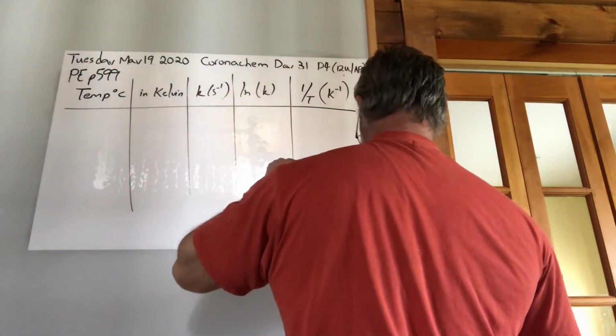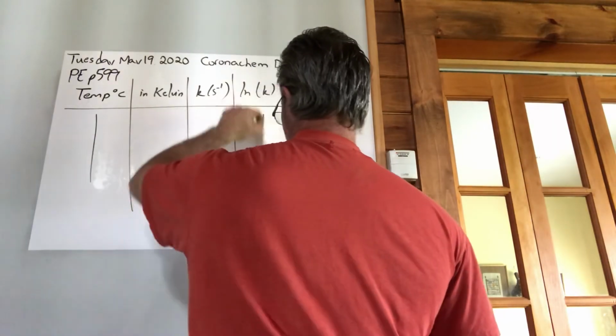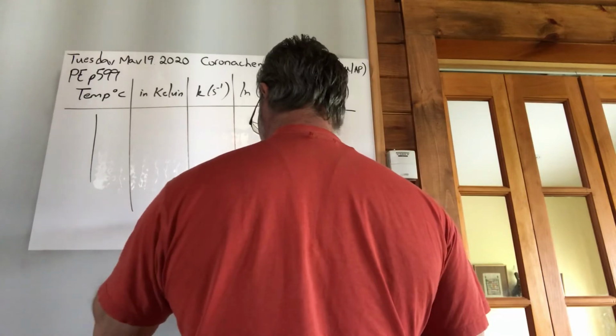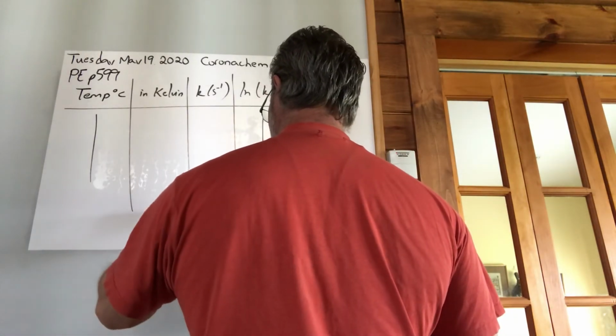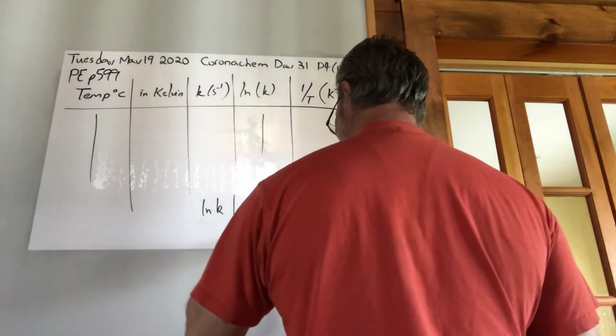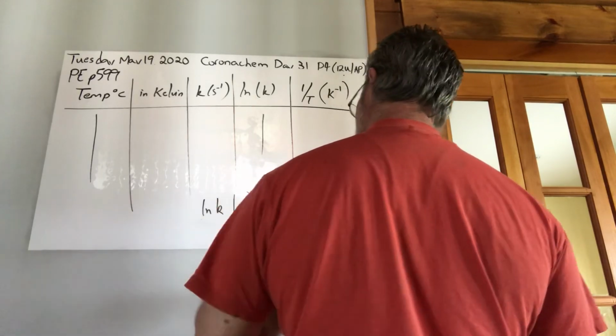I think they give you this part and they give you this part. All the rest is derived. And then you're going to plot ln of the k values versus 1 over T. And you're going to get a line that slopes downward.